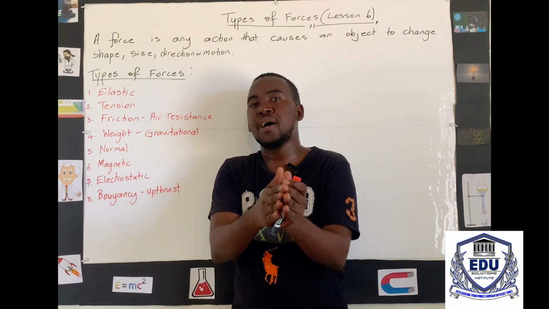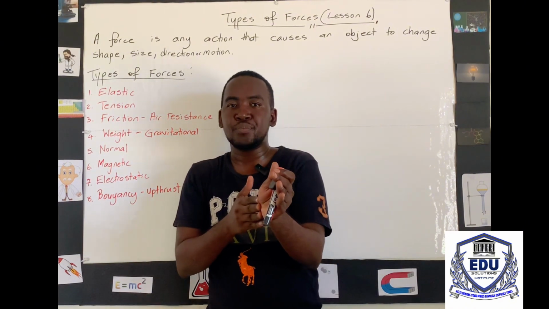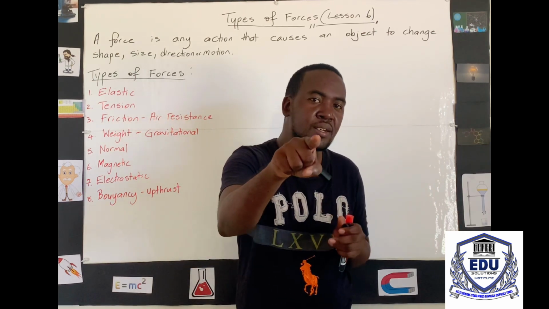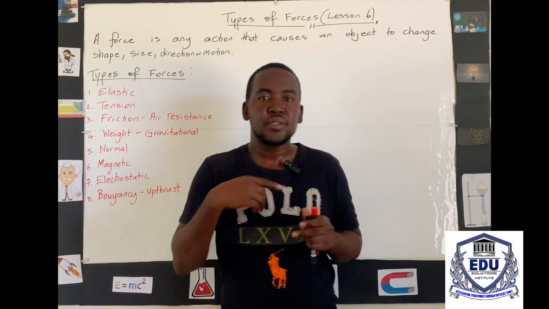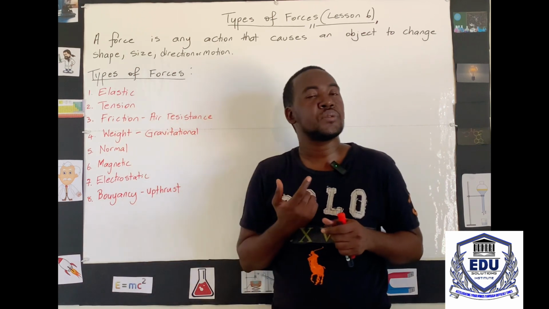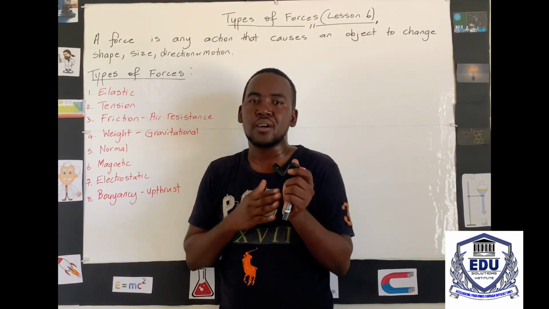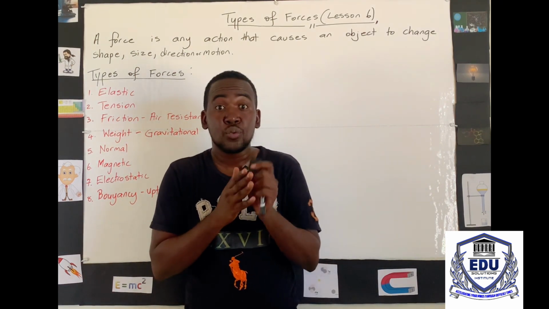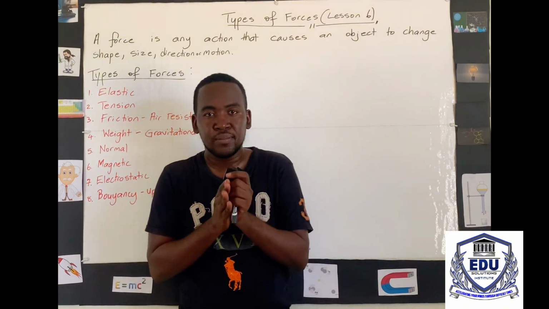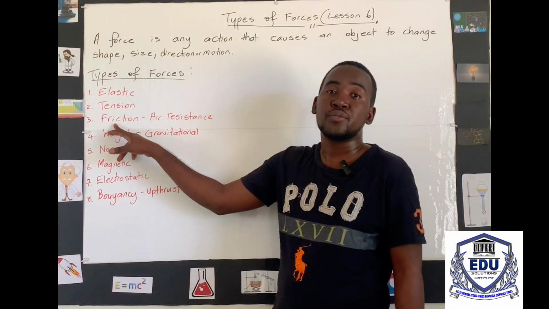When you're rubbing your hands backwards, your frictional force is opposing that, so it's pushing forward. So therefore, frictional force is generated when two objects are rubbing against each other. Once they're touching and moving, then we have frictional force.